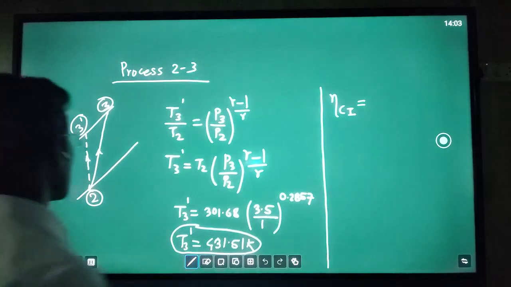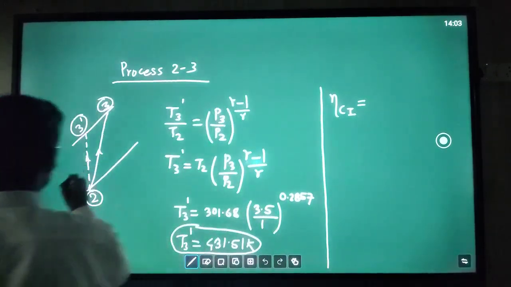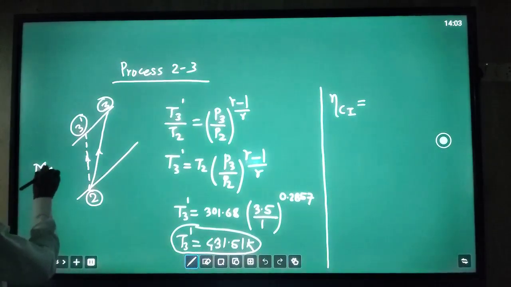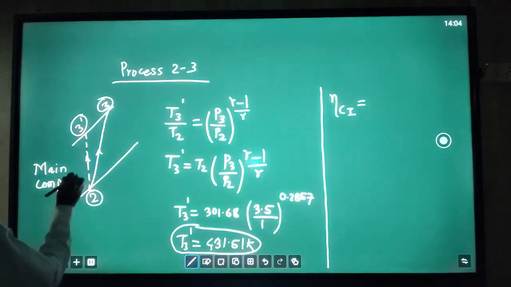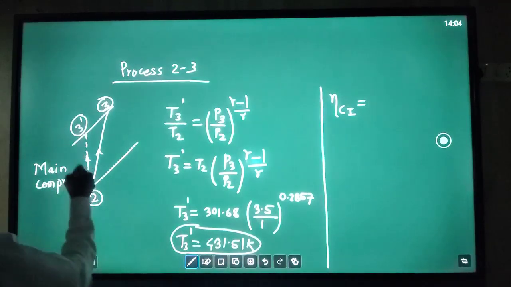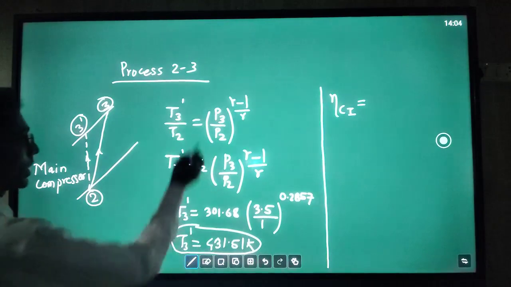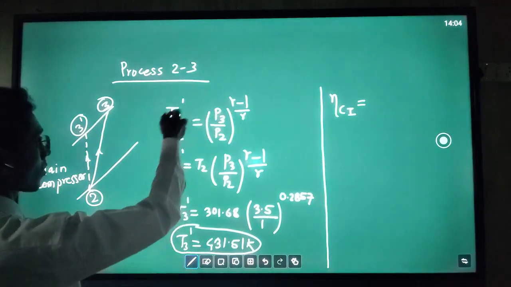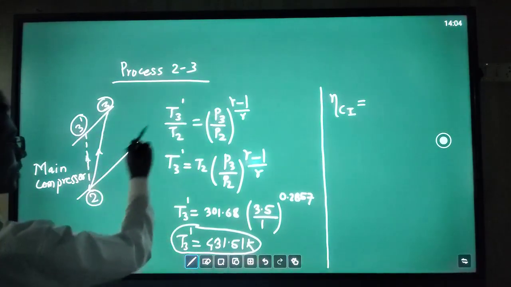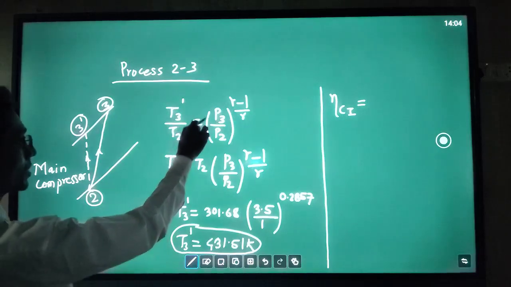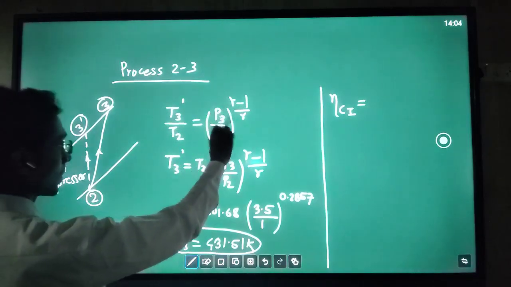Now the process 2 to 3 is in the main compressor, compressor number 1, which is called the main compressor. For this process, again the same way, this is the temperature relation formula between 2 and 3: T3 dash divided by T2 is equal to P3 by P2 raised to gamma minus 1 upon gamma.